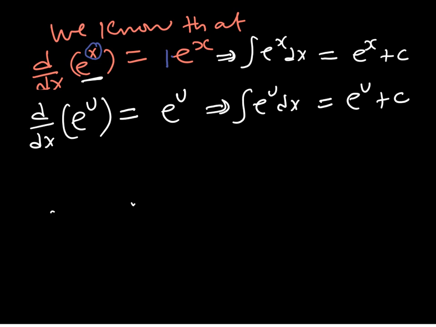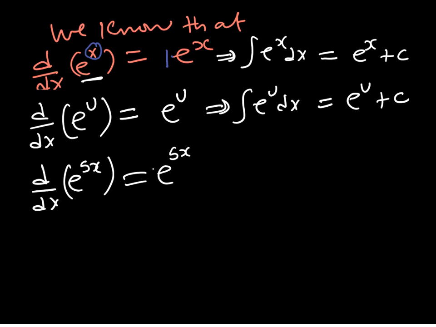So let's see the relevance of using u instead of x. Now, what if I was given to differentiate e to power 5x by dx? What do we get? We end up with e to power 5x, but we multiply by the derivative of the power.